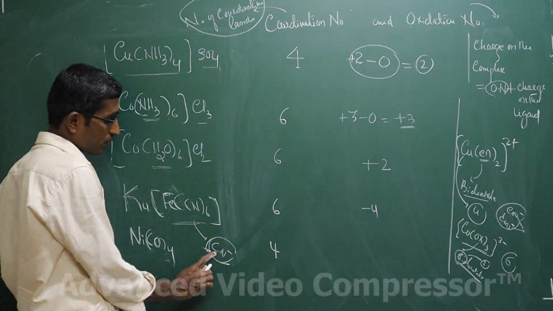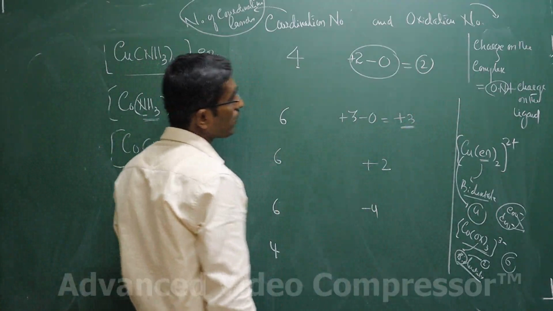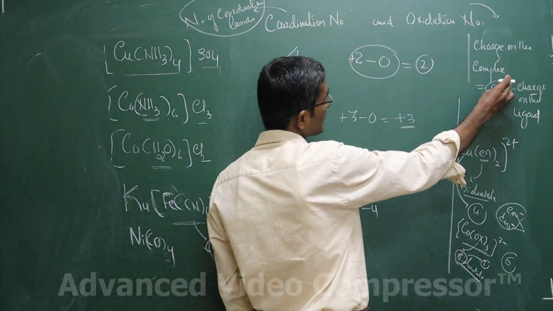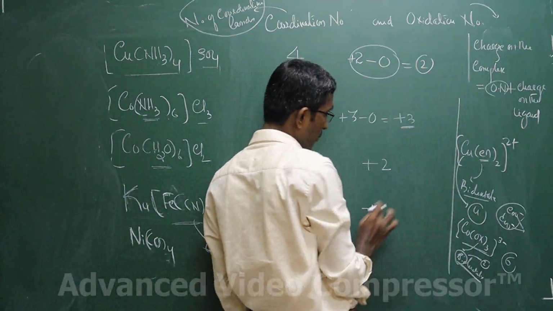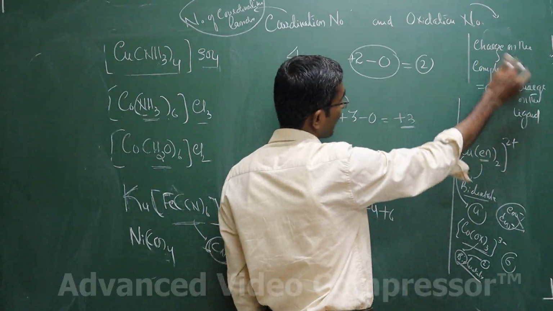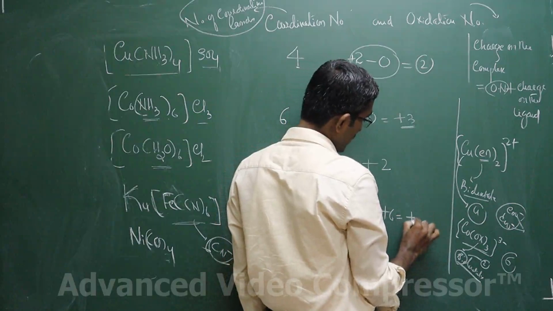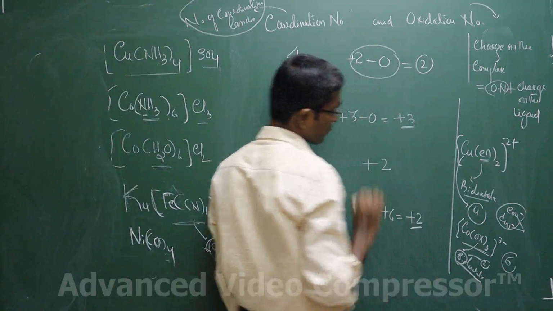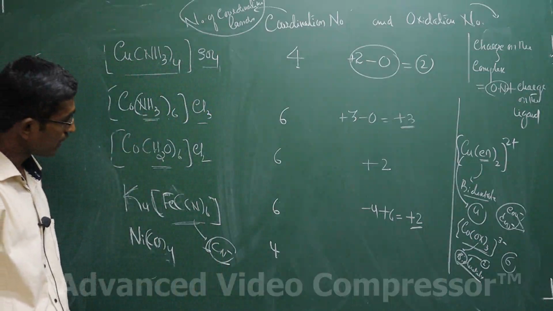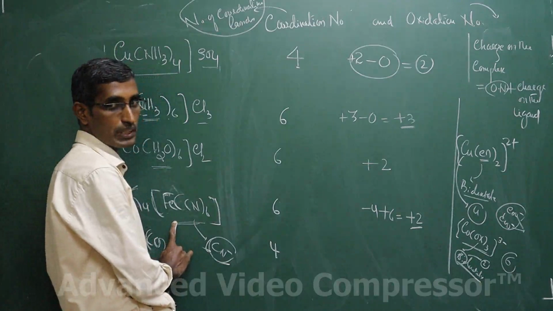That means the charge on the ligand is minus 6. So the oxidation number equals the charge on the complex, minus 4, plus 6, because I am taking this to the other side. That means the charge of the central metal ion is plus 2 here. Clear? So in this case, the Fe is in the plus 2 state.